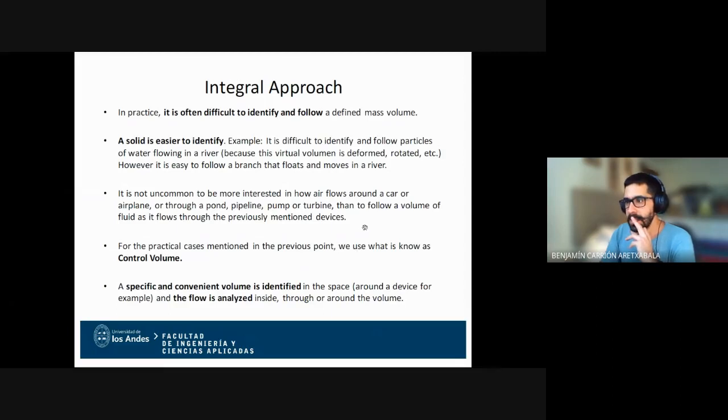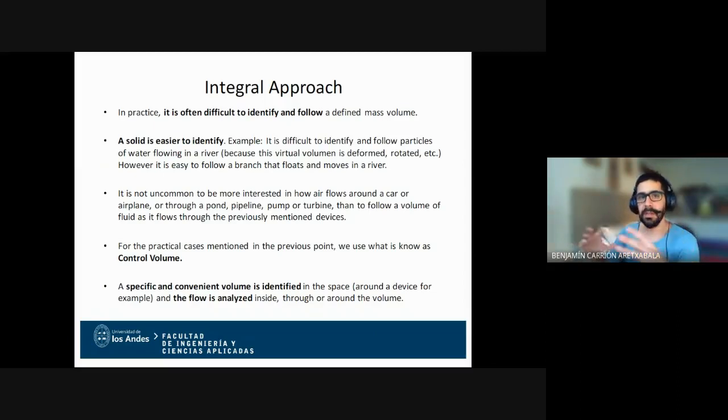Okay, so what we normally do is that it's kind of hard to follow water moving. So what we do is that we define an imaginary volume or region of space which we're going to analyze. If you think of a river, for instance, you're not interested in one particular drop of water, but you think of a reach of the river, let's say a section of the river.